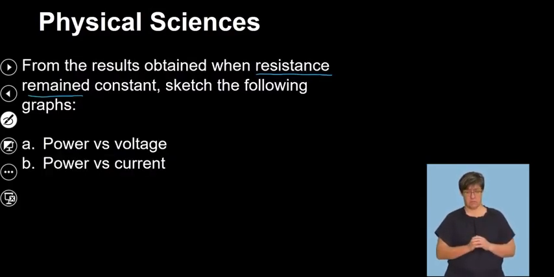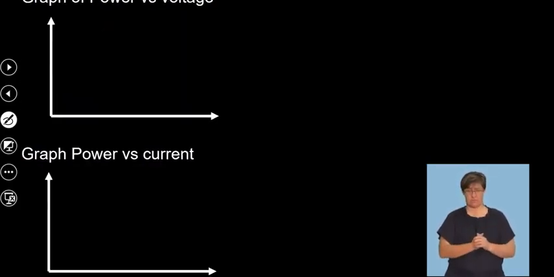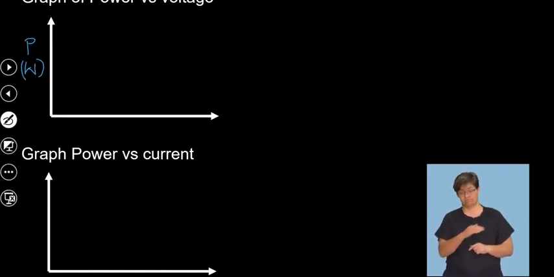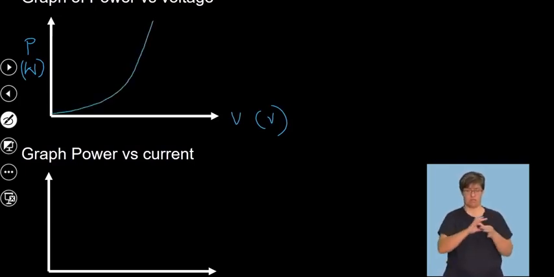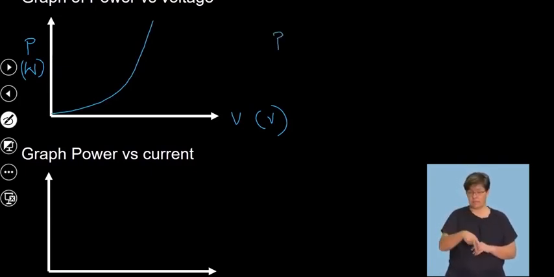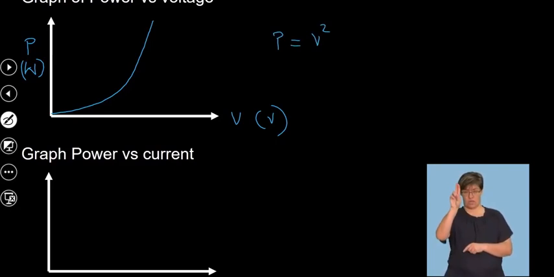So from the graph, we can immediately say, we'll have P in watts on the vertical axis, and the voltage in volts. And then we get this kind of relationship, because this is based on P = V²/R.